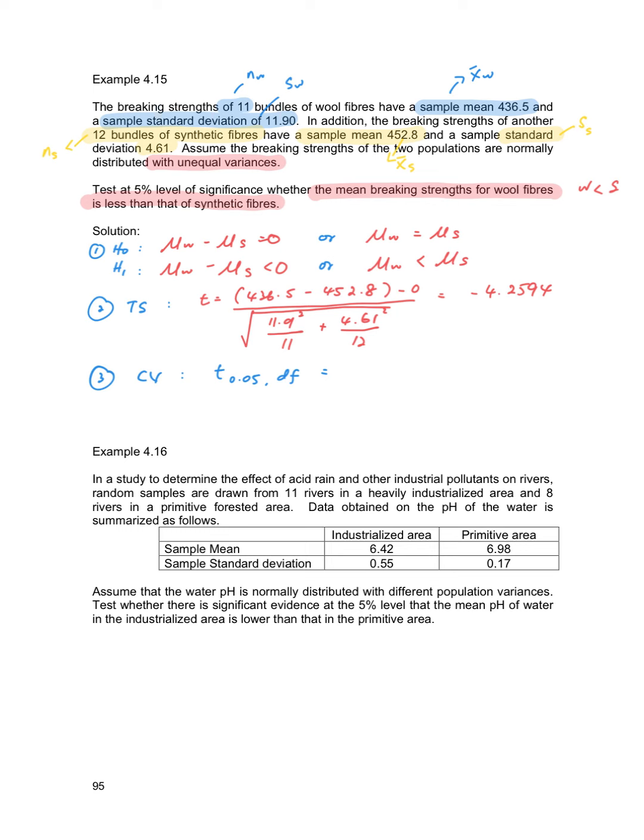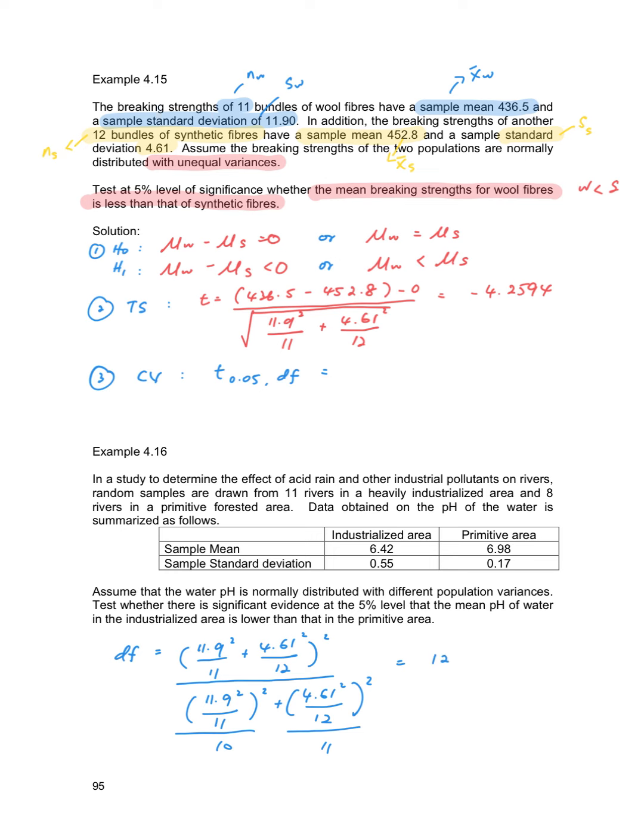I will write it below because there is not enough space. So df equals 11.9 square over 11 plus 4.61 square over 12, all to the power of 2, divided by 11.9 square over 11 square divided by 10, plus 4.61 square over 12 square divided by 11. So finally we will get 12.721.